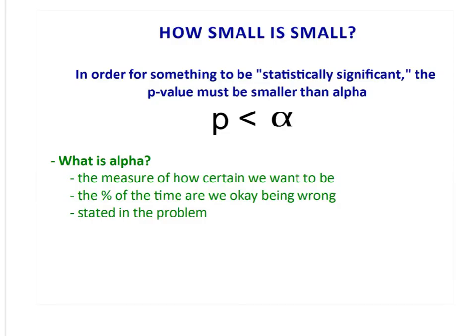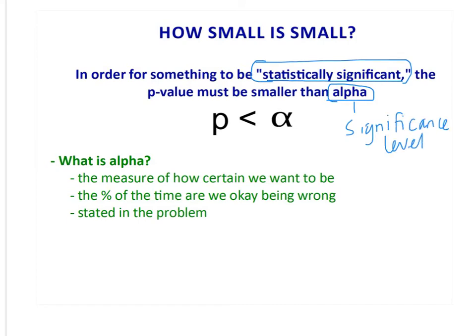So how small is small? We said usually 0.05 or 5% is the cutoff, but for something to be statistically significant, and you'll see this phrase a lot, the p-value must be smaller than alpha, or our significance level.